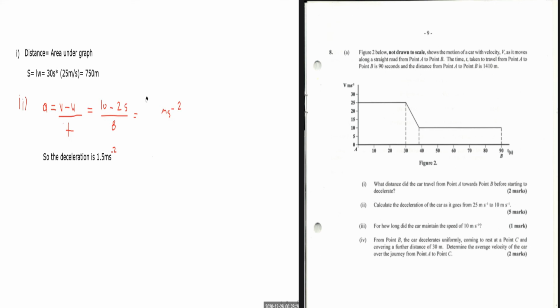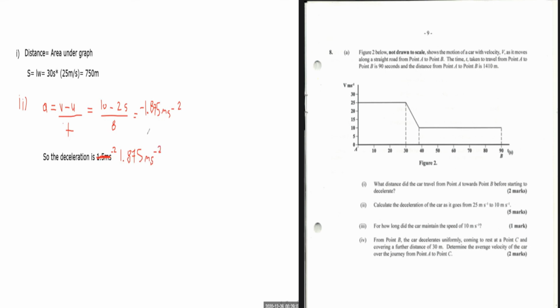So it's going to be 10 minus 25 divided by 8, which is negative 1.875. Scrap the earlier value. So the deceleration is 1.875 meters per second squared. They're trying to be tricky, but that's not that tricky.